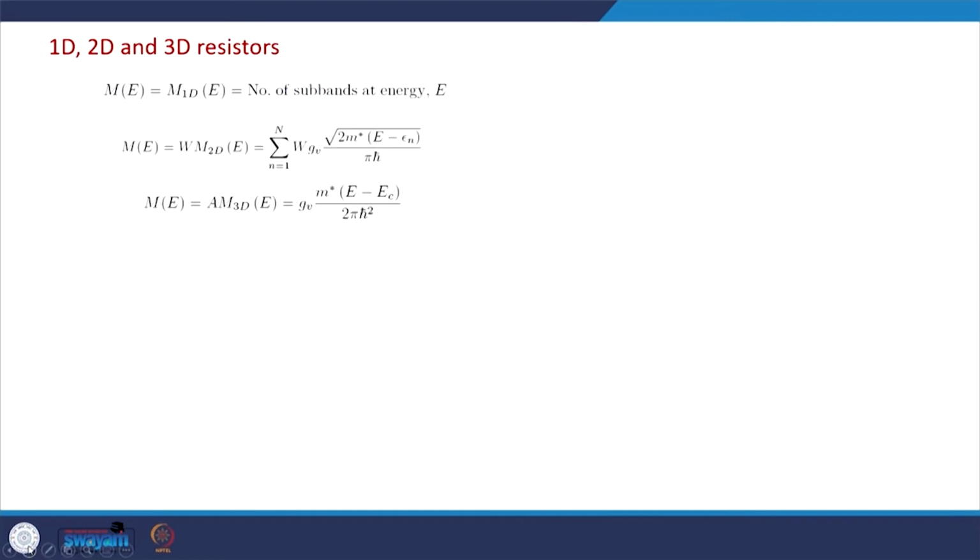Finally, just to sum up everything, the number of modes in a 1D conductor is actually 1 in an ideal 1D conductor, but because of the practical constraints, because of the confinement in two directions, the number of modes will be equal to the number of subbands.